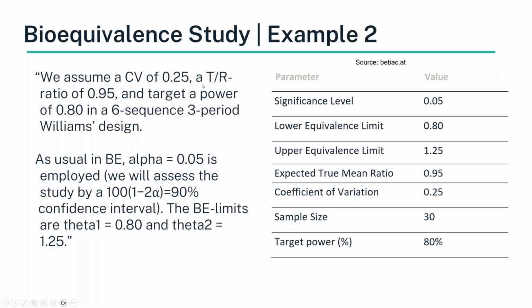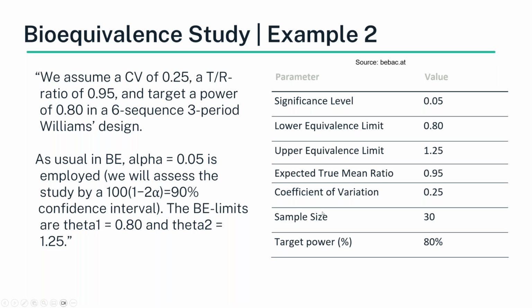They assume a test reference ratio of 0.95, coefficient of variation of 0.25, and then the usual 0.05 alpha significance level, and the bioequivalence limits of 0.8 to 1.25. And so we can see here from the tabular summary that they're saying that the sample size of 30 will be sufficient to reach the target power.